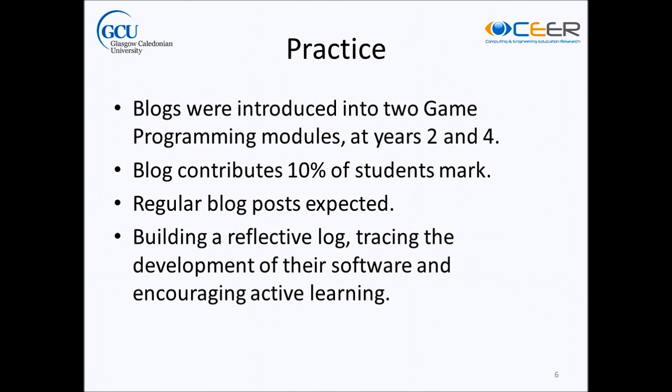What did we do? Well, I primarily teach games programming, so I teach it to second year students and fourth year final students, and in the UK, or in Scotland actually, they're generally speaking honours students at year 4. Second years, reasonably new, reasonably fresh. Fourth years, old hand.